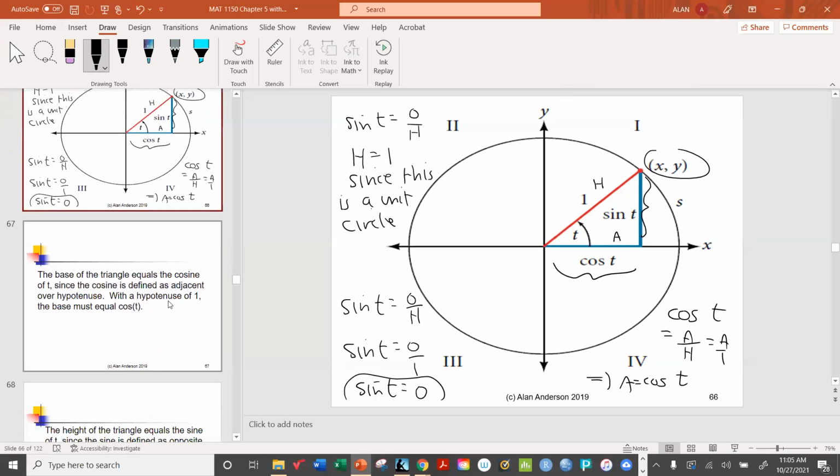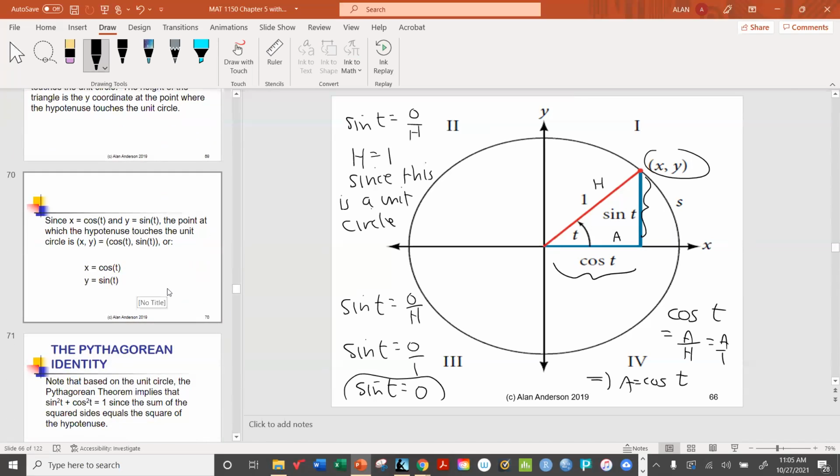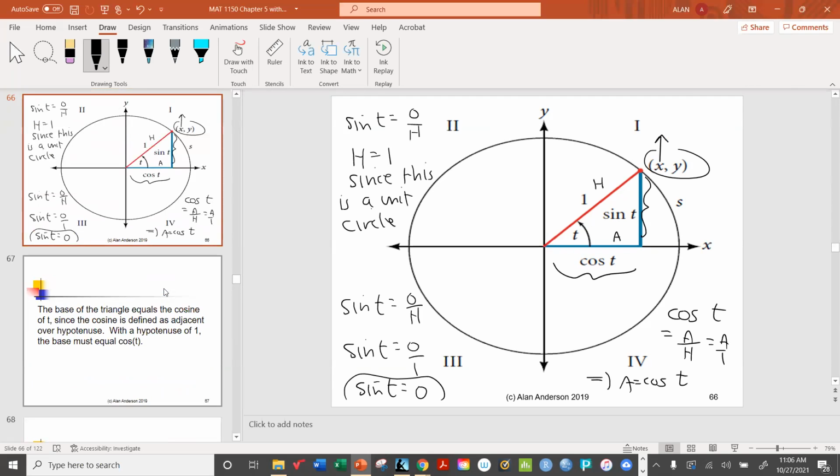Well, how does that help us, you might say? What this also implies is that x itself is simply the cosine of T, and y is the sine of T. In this case, if T is 30, then this point we have here is radical 3/2, comma 1/2.